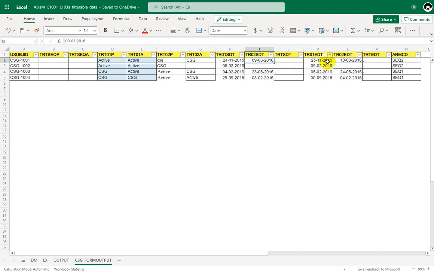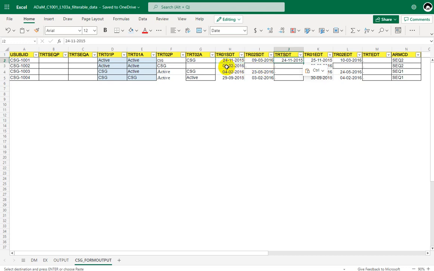Okay, TR01EDT was 2015, so this seems to be okay. After ending period 1 treatment, the subject started treatment again in 2016, so this is okay. So the minimum of these two, 24th November 2015 and 9th March 2016, is 24th November 2015. So the lowest value is this one. So this will become TRTSDT.